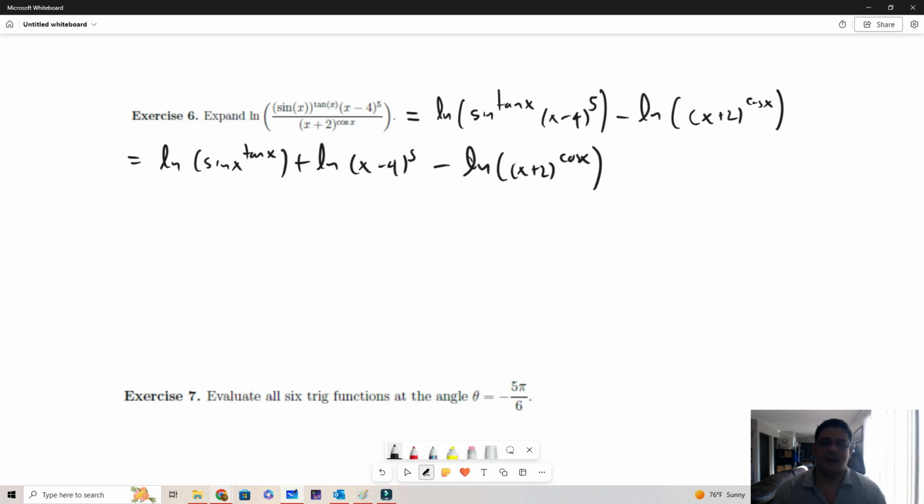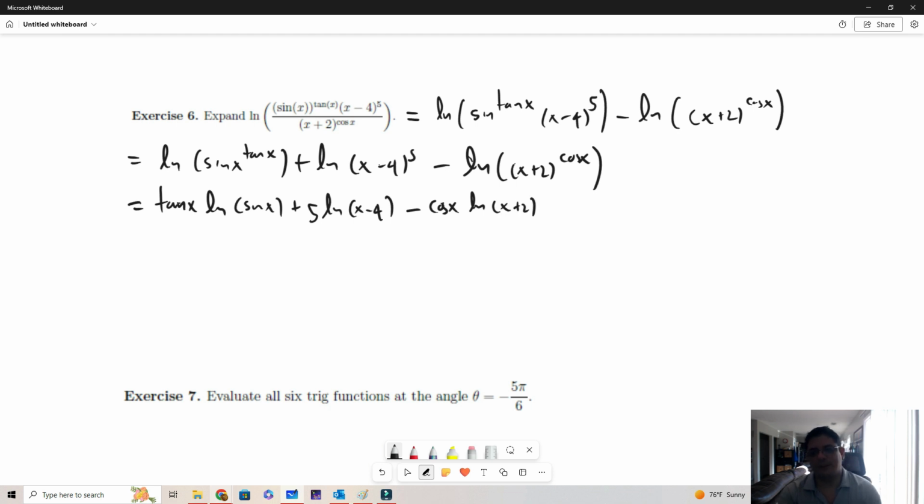And the next property is that we can put the exponents in front of the log. So this is tangent of x times log of sine of x, plus 5 log of x minus 4, minus cosine of x times log of x plus 2.